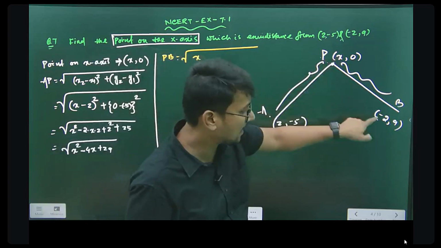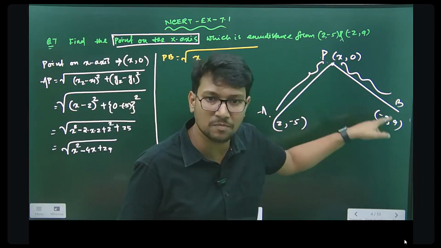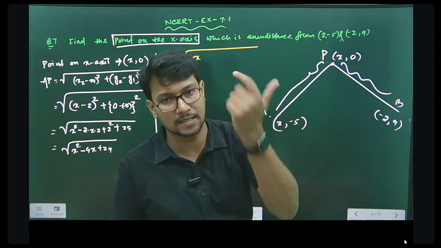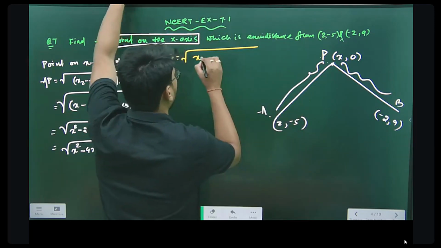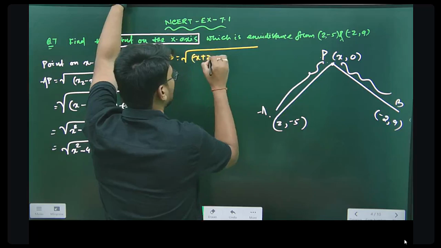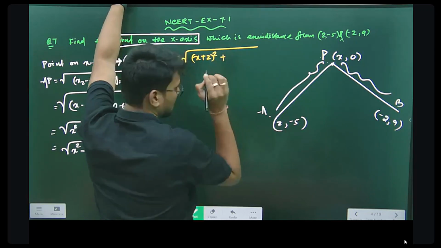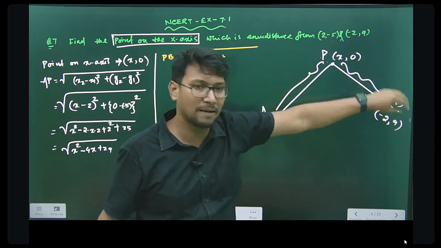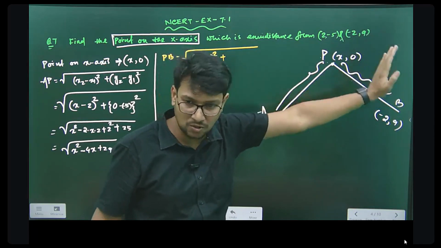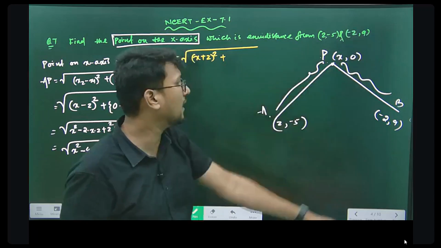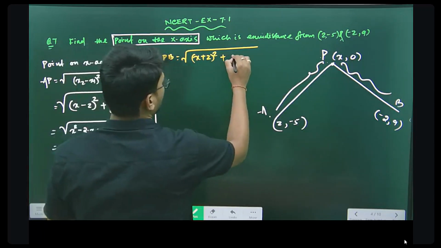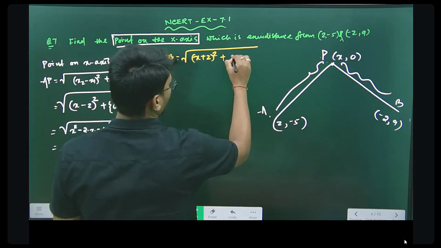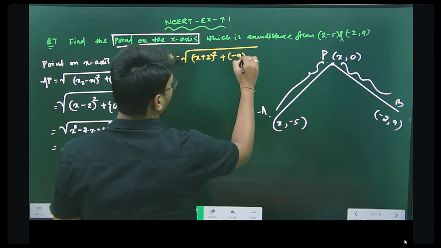X minus minus 2, X minus minus 2 is how much? X plus 2, है कि नहीं? X plus 2 whole square plus, बोलो, 0 minus 9, y2 minus y1, है कि नहीं? So that is 0 minus 9, बच्चों. 0 minus 9 is how much? Minus 9 whole square.